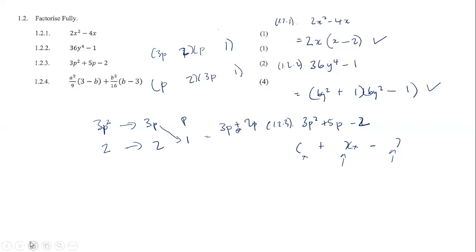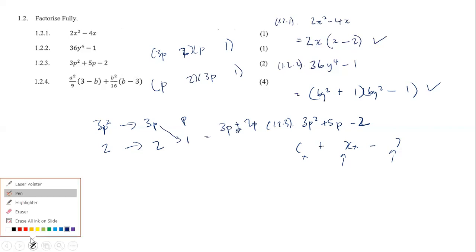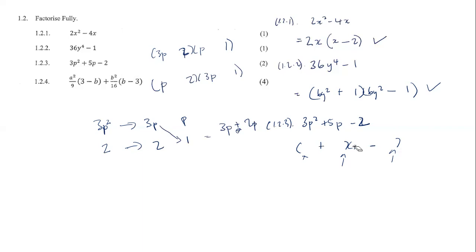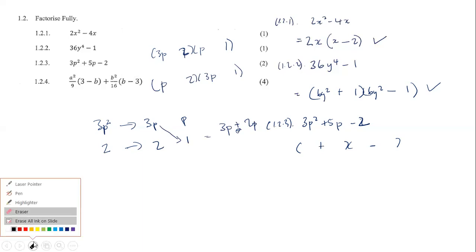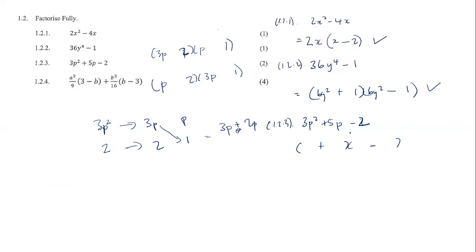Let me erase this. So that means there is a bracket that is positive and there is a bracket that is negative because of these two signs. So where is 3p going? Now the bigger number is supposed to be the one that has positive.